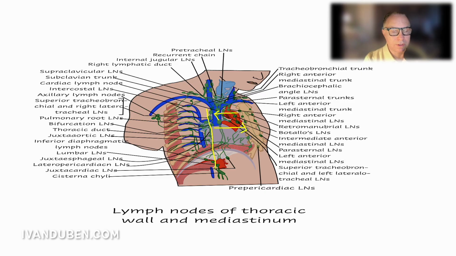It will go in the direction that is the path of least resistance. So there are multiple chains, and it's not just the superficial lymphatics.